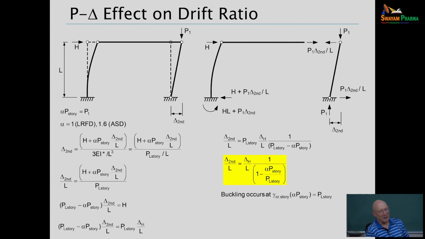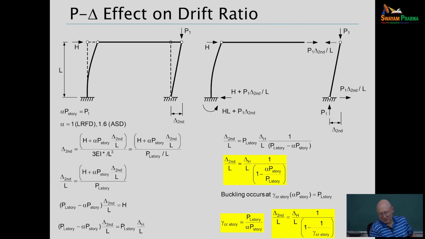But if we scale that by gamma critical, that's our eigenvalue, the amount that we're scaling our loads to get to incipient elastic buckling. If gamma critical times alpha P story is equal to P story, the amplifier would blow up if we put a gamma critical there in the numerator, in that term inside the denominator of the equation.